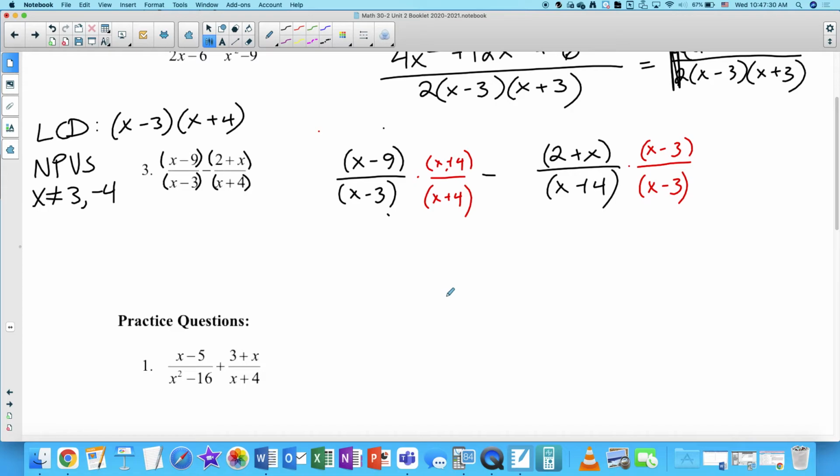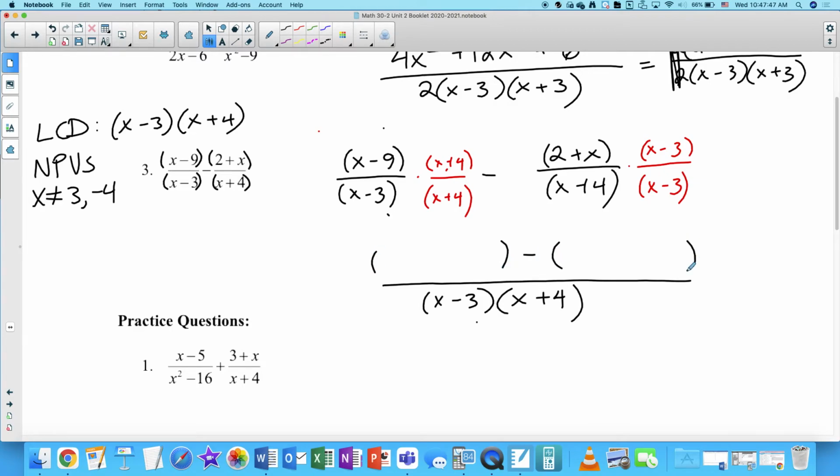So what I would do here is set it up where you have a single denominator, and then you're going to have this minus this. And in here, you can do that expansion so that you remember essentially to subtract all of this times this and not just part of it.